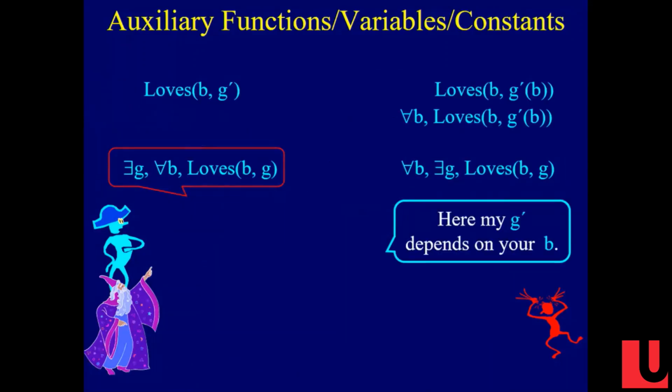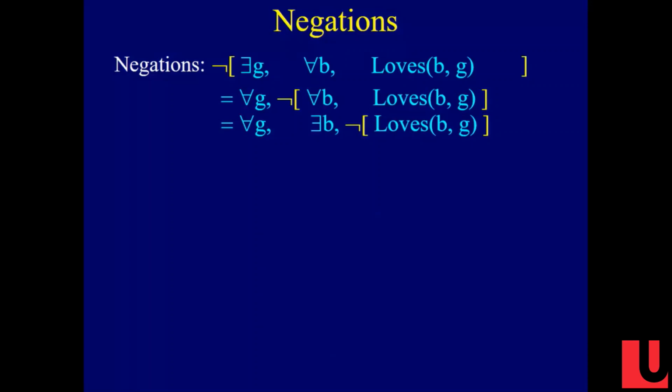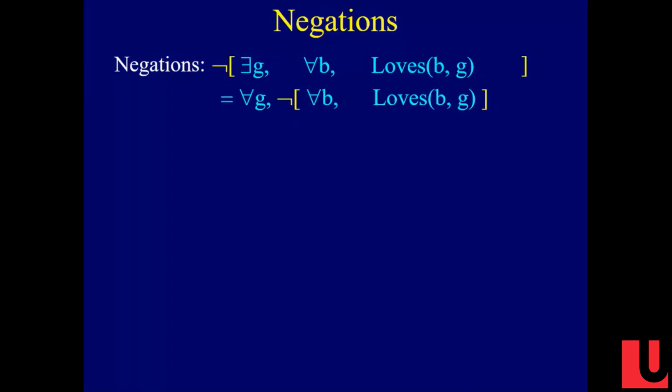Let's see. Negations, right? Everybody know how to do a negation? If there doesn't exist a boy, then for all boys it's not true, right? And if it's not true for all boys, then there exists a boy for which it's not true.